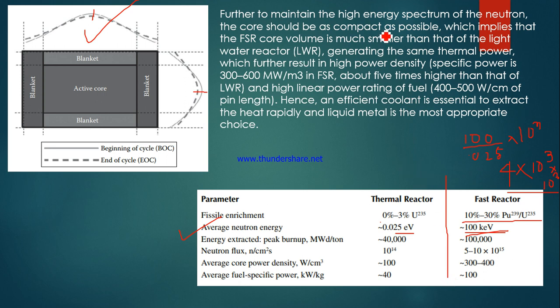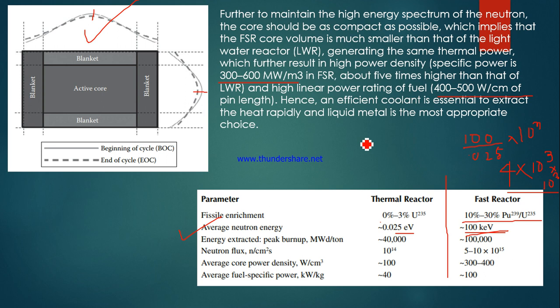So to maintain the high energy spectrum of the neutron, the core should be as compact as possible, which in turn implies that the core volume of the fast reactor will be much lower than the thermal reactor. This is the power density, and this is the linear power rating.